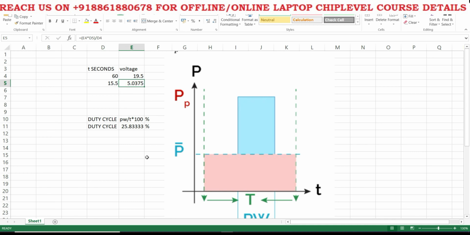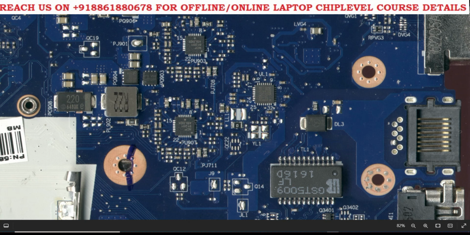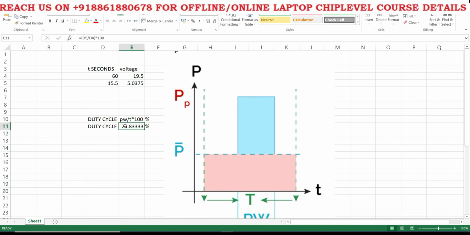Yes, see, this MOSFET is on up to what? 25.83% duty cycle, and here the voltage is 5 volts it will give.